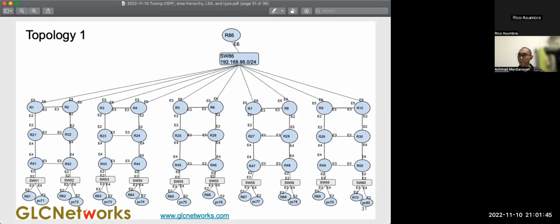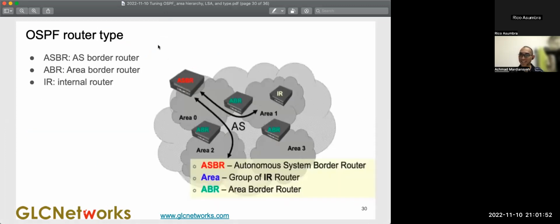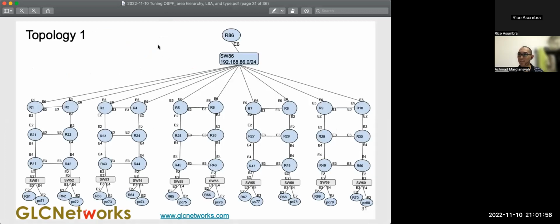Okay, so looks scary. That one was just a typical high level diagram. So perhaps we can put here more details. Here we have a router. Let's say this is all one AS number.